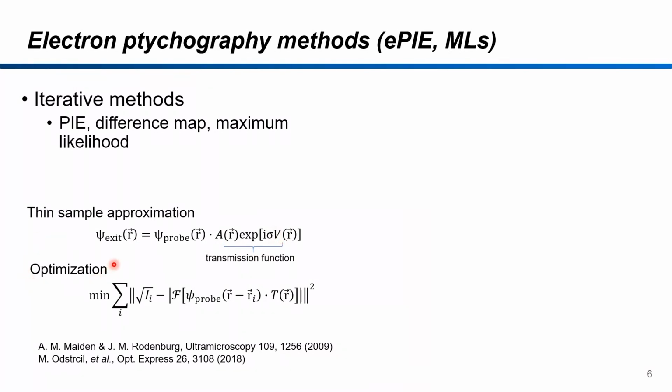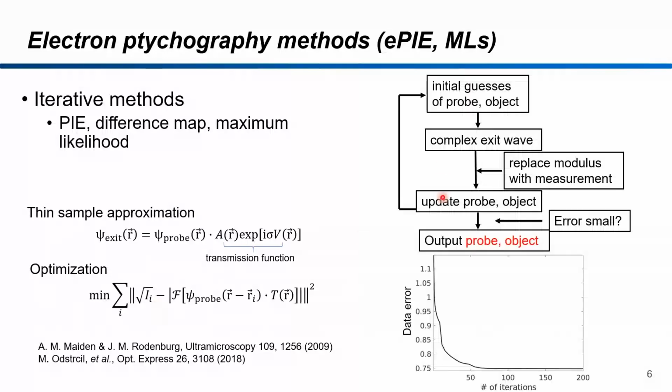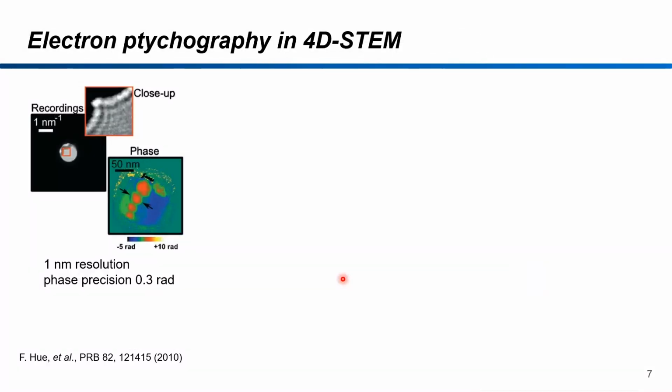Iteration. This is an optimization method. We can make the calculated exit wave function match this measured diffraction intensity. So basically we use these loops to get a convergent probe and object function when the data error reduces to a satisfactory level.